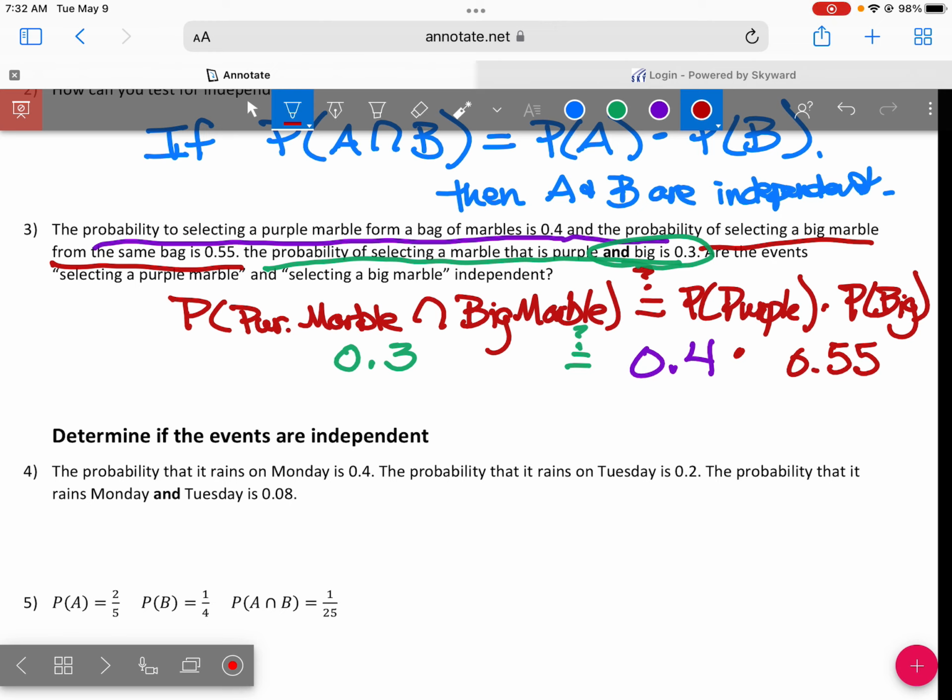If you take 0.4 times 0.55, you are going to get something that does not look like 0.3.